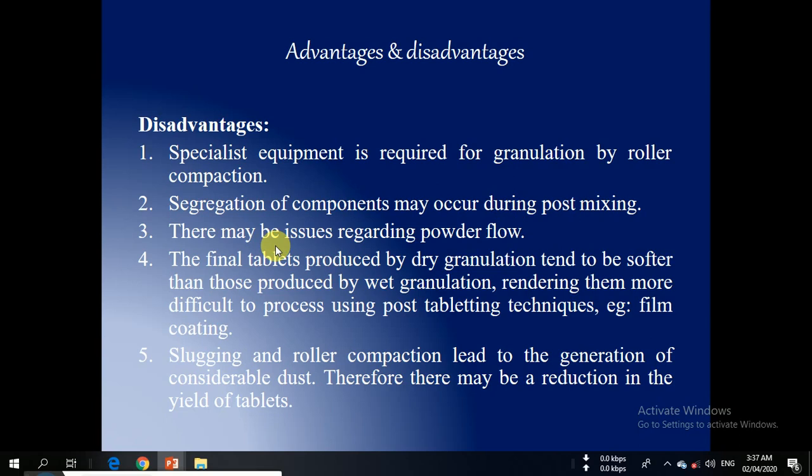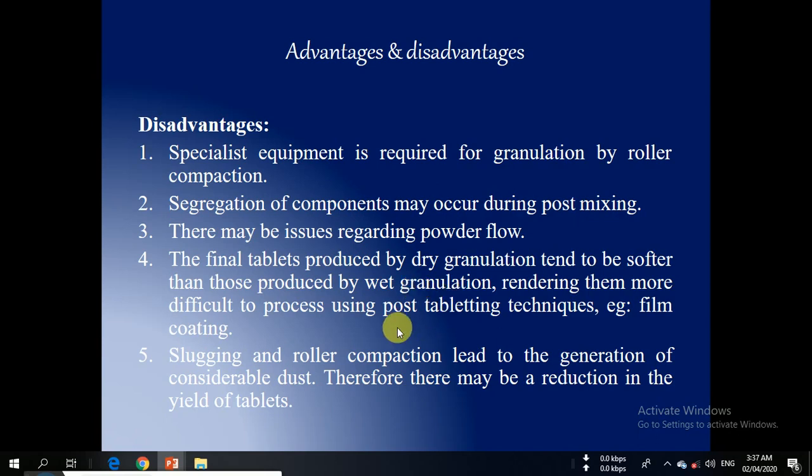There may be issues regarding powder flow. So in order to enhance the flow, we use different types of colorants, lubricants and talcum, etc. The final tablets produced by dry granulation tend to be softer than those produced by wet granulation.